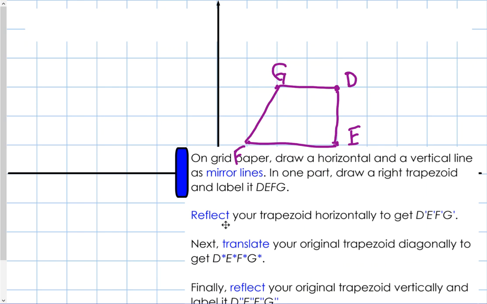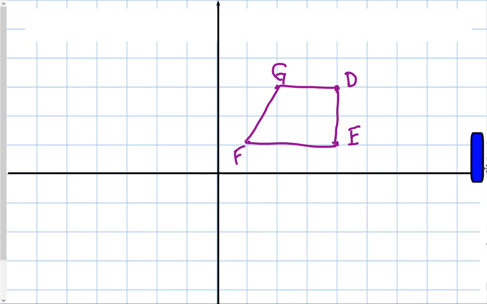Now, reflect our trapezoid horizontally to get D prime, E prime, F prime, G prime. Let's try that together. To reflect this shape horizontally, you must imagine a horizontal mirror line. Let's use the x-axis. Redraw each point equal distance away from the mirror line.